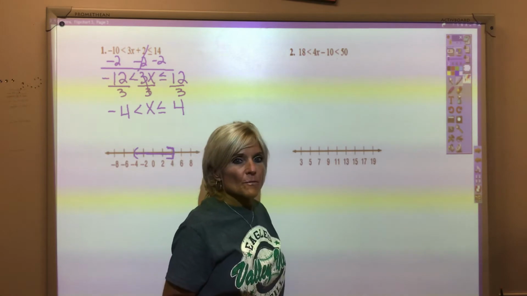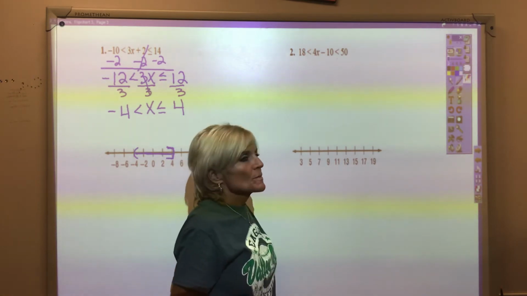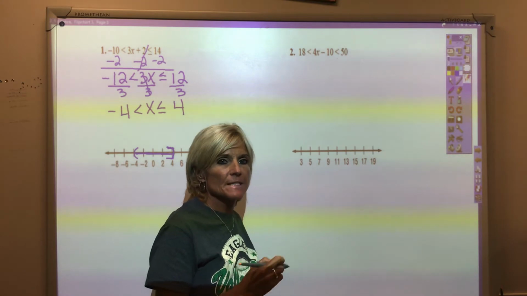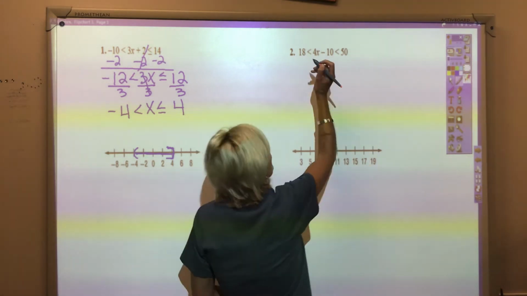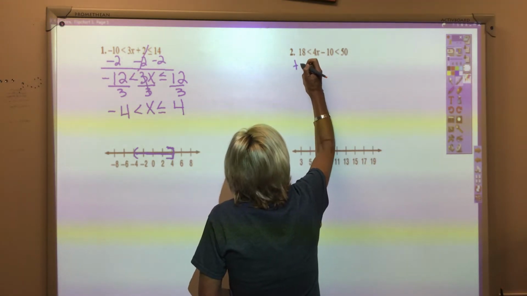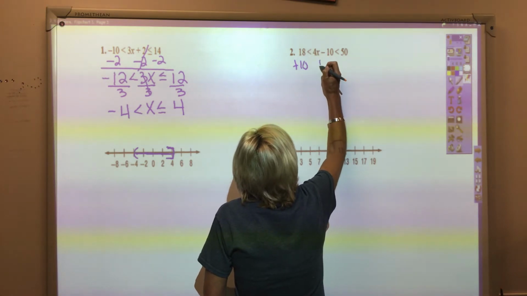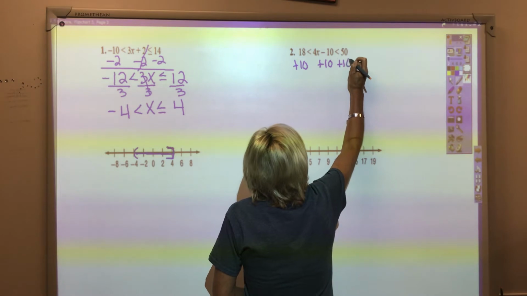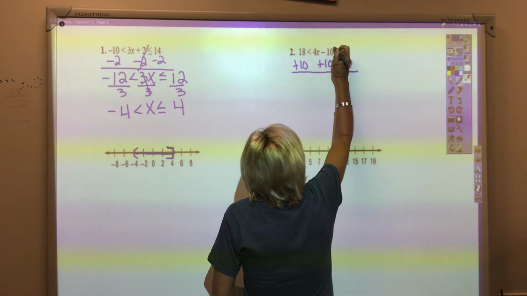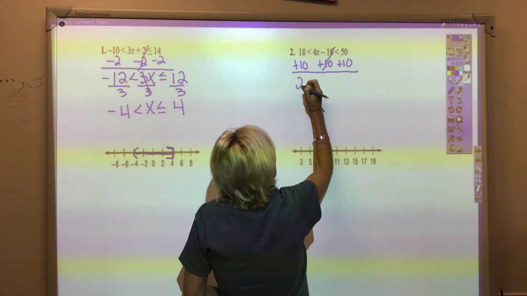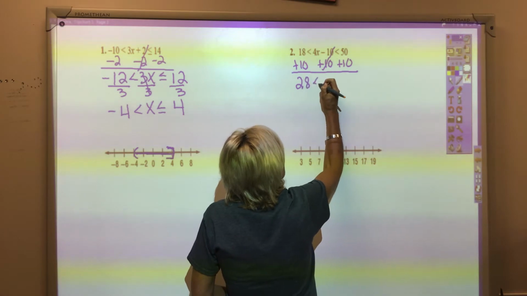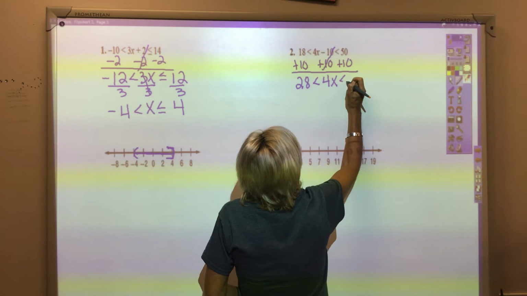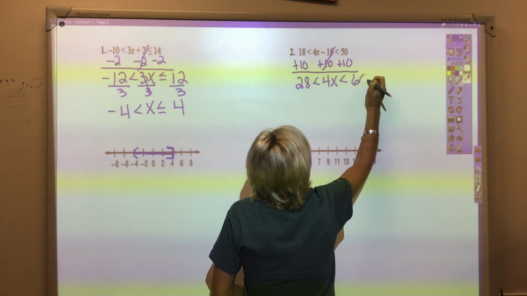I'm going to do the second one the same way. I'm going to start with what's in the middle, and I see I have a minus 10, so I'm going to add 10 to all parts. I will have 28 is less than 4x, which is less than 60.